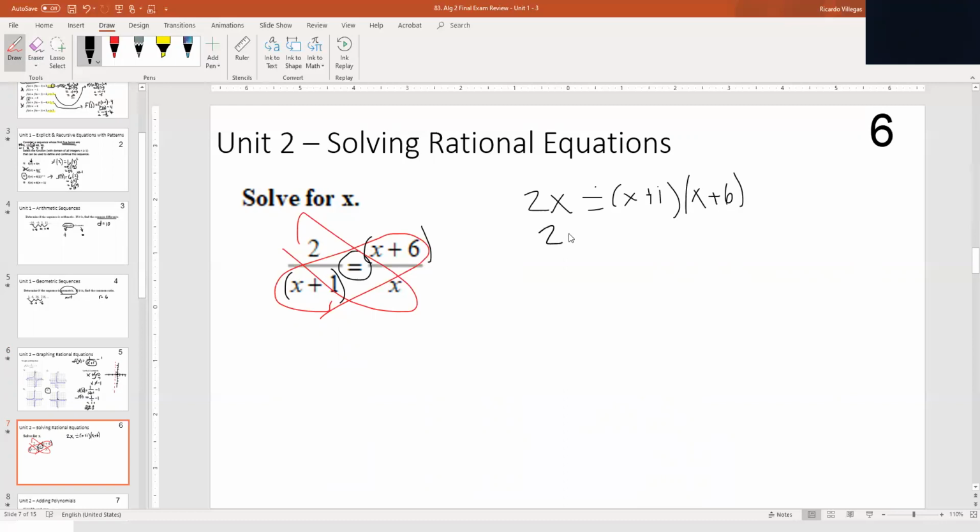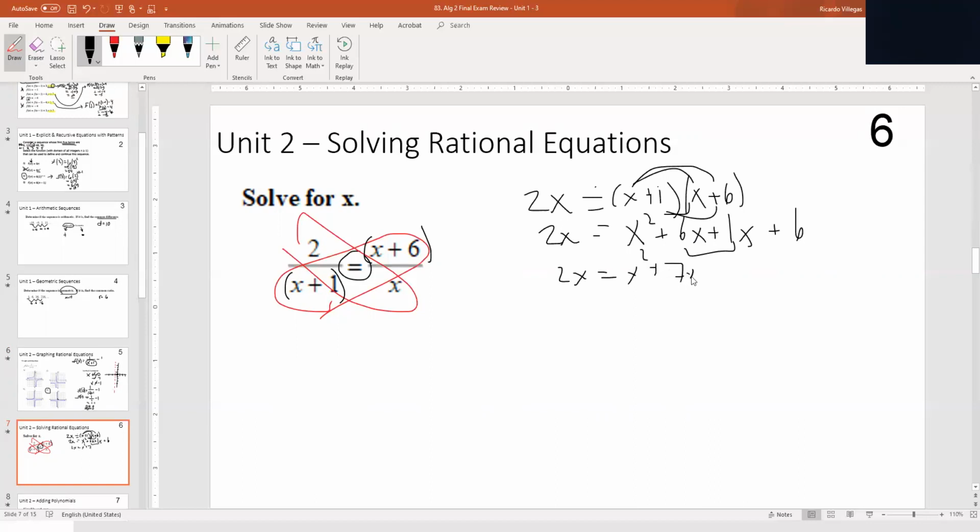Then we get 2x is equal to, and here you have to double distribute: x times x is x squared, x times 6 is 6x, 1 times x is 1x, and 1 times 6 is 6. Then we combine like terms.